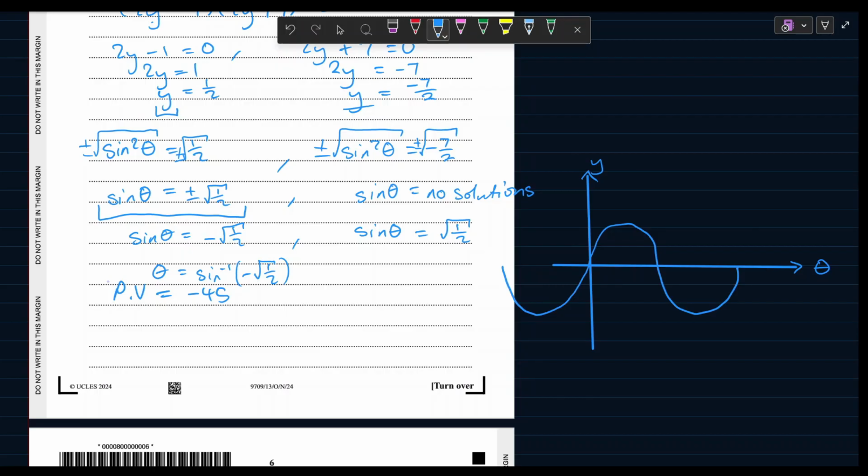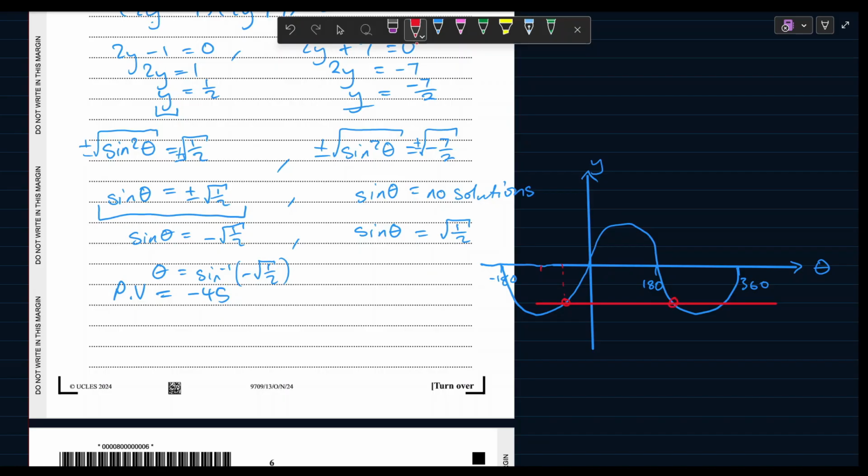Okay, so this would be negative 180, this would be 0, that's 180, this is 360. And we found that we've got a point at negative 45 degrees. So negative 45 would be somewhere at this point here. So do we have any solutions between 0 and 360? It looks like we are going to have two of them.